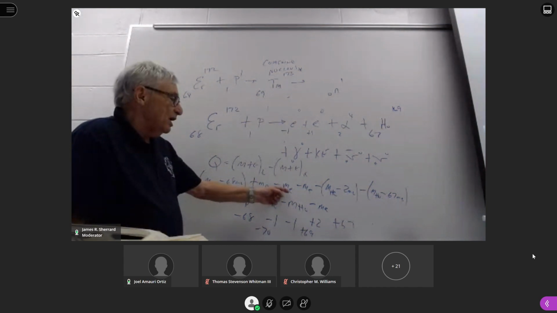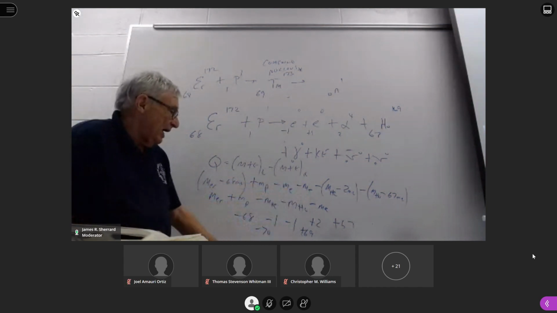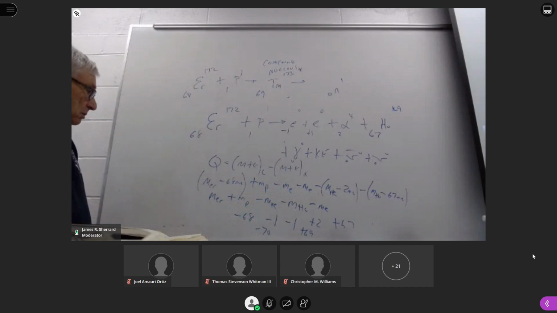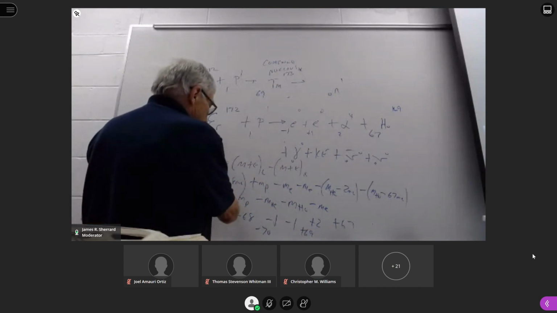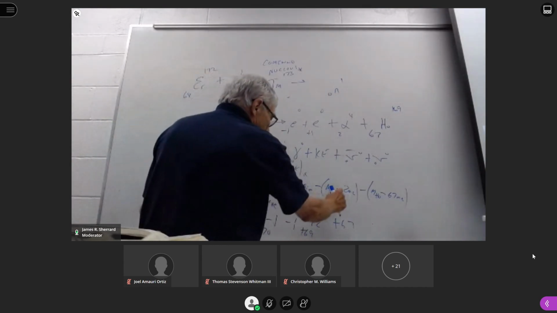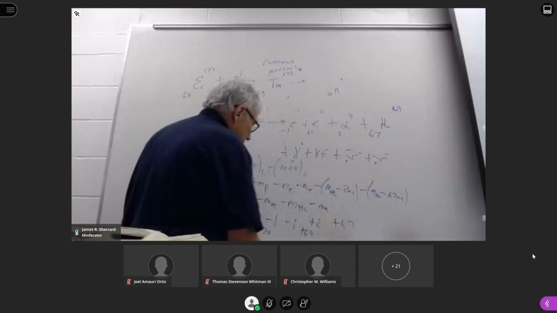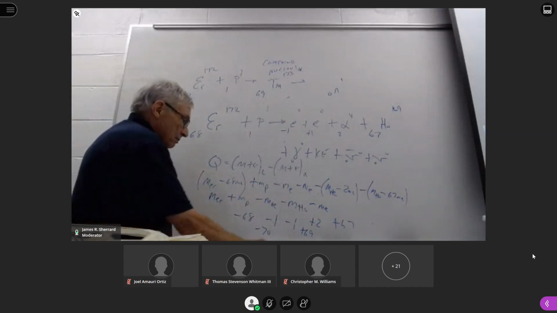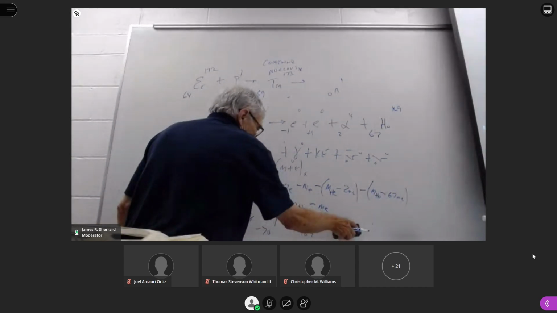This is a mass of electron. This is a mass of electron, and we've included this to show, or maybe I didn't show. Let's see. 68 minus 1 plus 2 plus 67. So I put everything in. Let me erase this again.